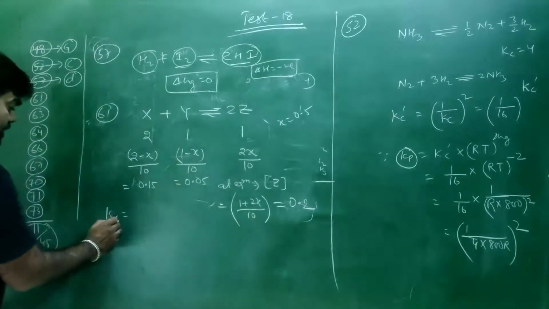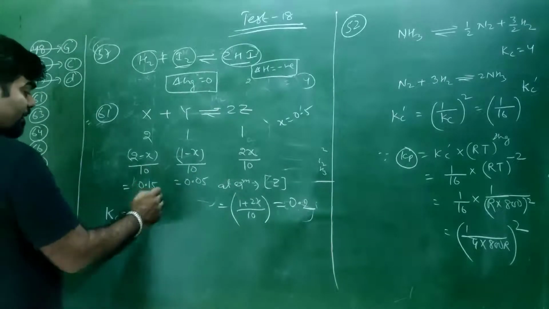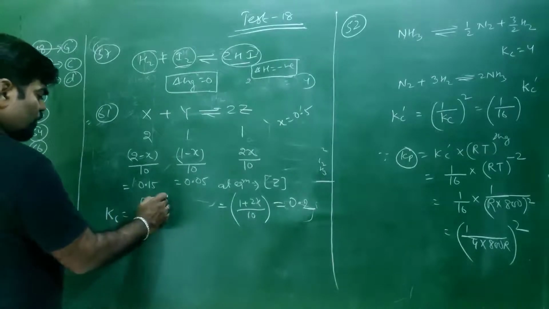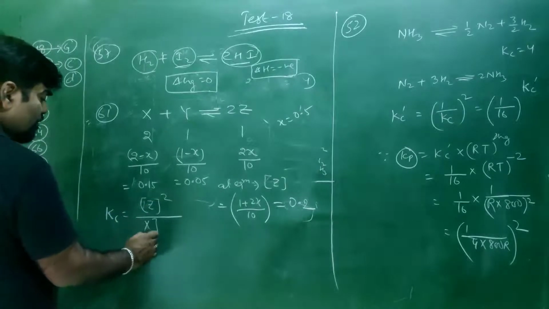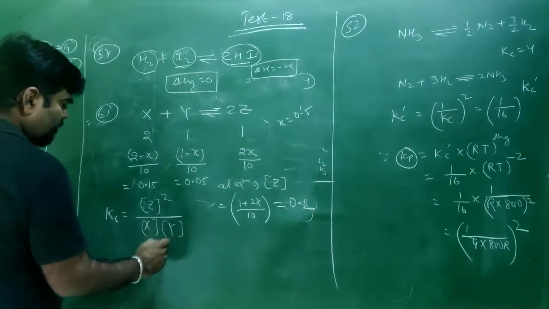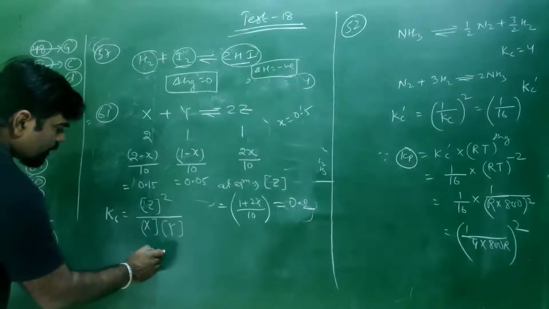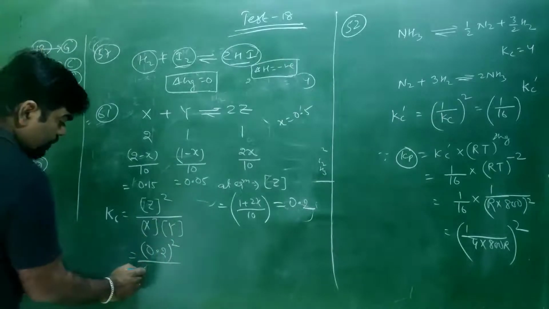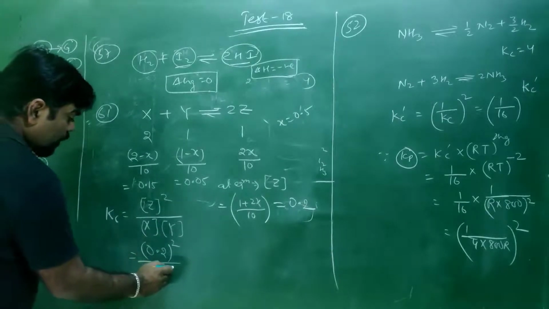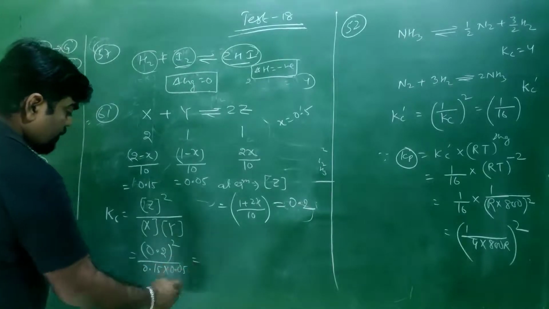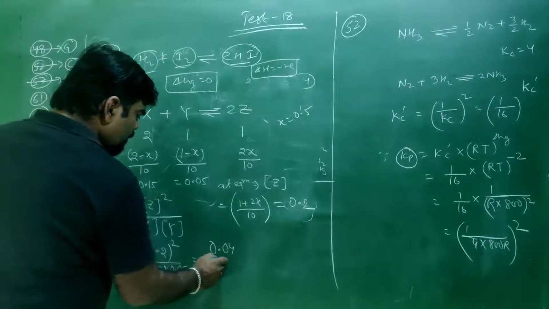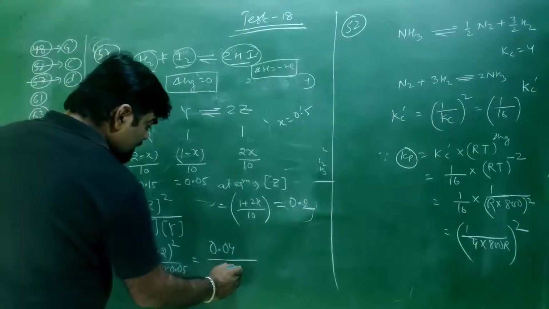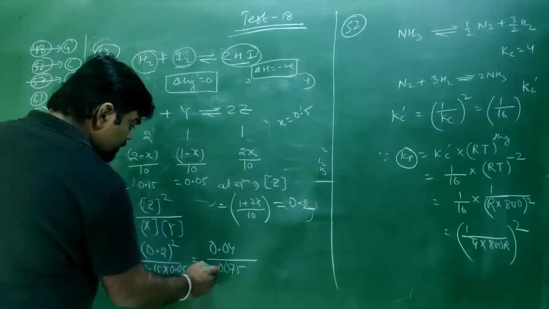So Kc is equal to the concentration of Z whole square divided by the concentration of X into the concentration of Y. This is equal to 0.2 whole square divided by 0.15 into 0.05, that is 0.04 divided by 0.0075.